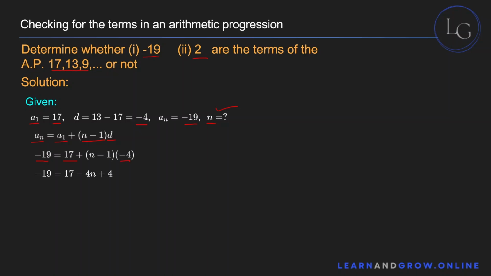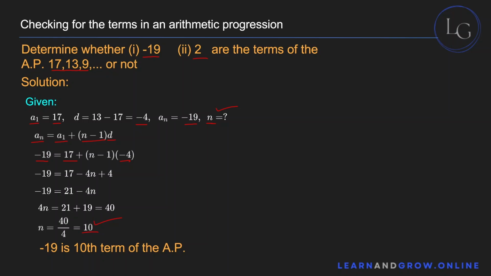After doing all the calculations, you find out that the value of n is 40 divided by 4, which is equal to 10. And 10 is an integer, which means that indeed minus 19 is a term in this arithmetic progression. And it is obviously the 10th term.